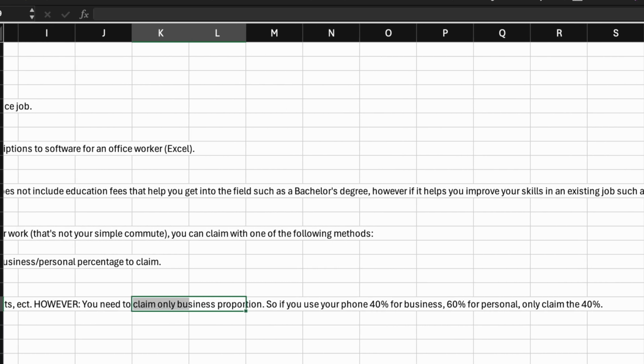So say your phone, you're using 40% for business or for your job, and 60% is just personal. You can only claim 40%. So say your expenses was $400, but you only use it 40% for business. You'd have to times it by 40%, meaning the amount you would claim as a deduction would be $160.